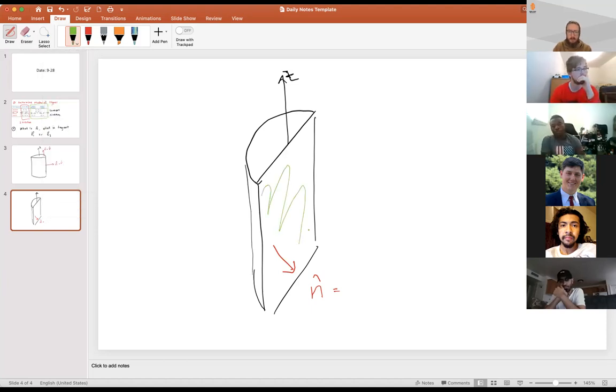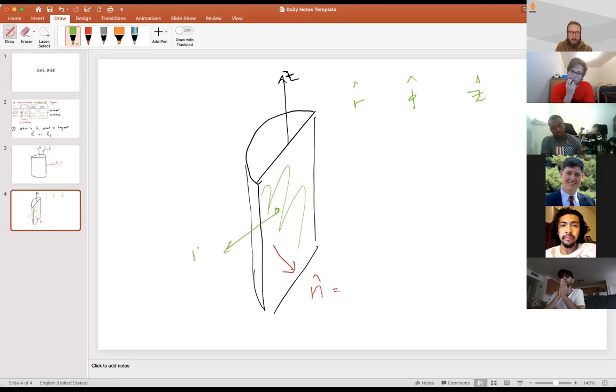So let's think about this surface. We have cylindrical coordinates. If I'm on this surface and I choose a vector and it's R hat, that will be in this direction.